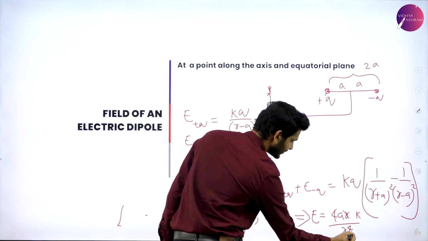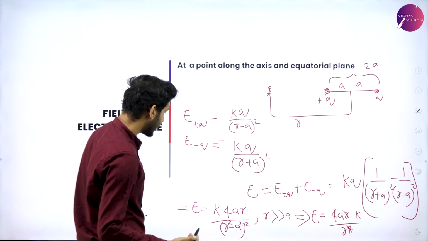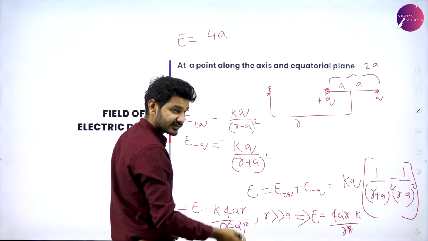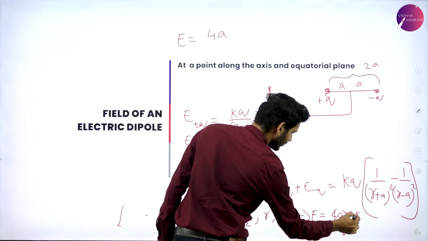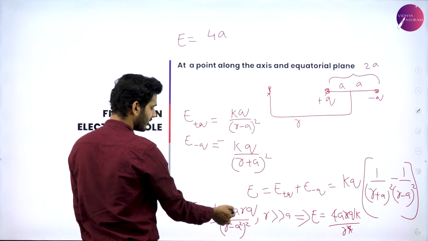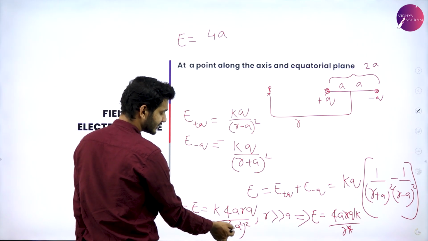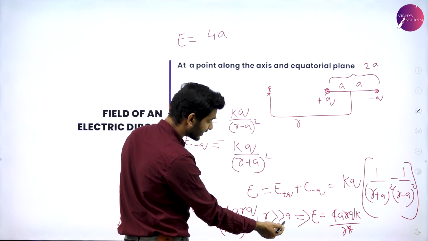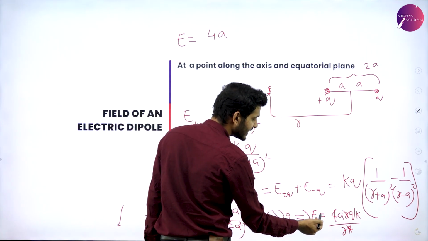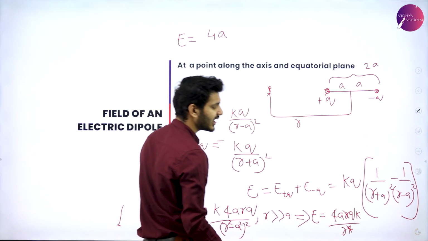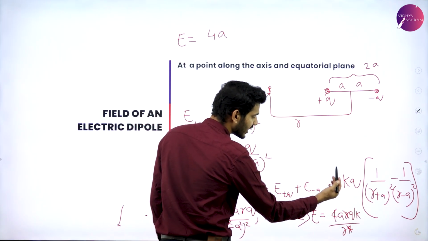There was a Q here; we forgot to add the Q from KQ. So 4arQ divided by r square minus a square the whole square. And we considered that r is very greater than a. Then we can say that E is equal to 4arQ into K divided by r raised to 4. The r and r got cancelled.